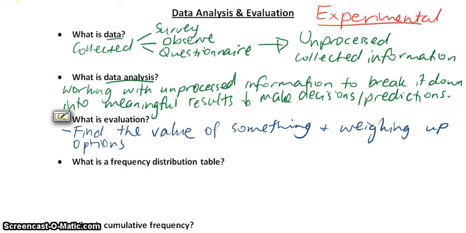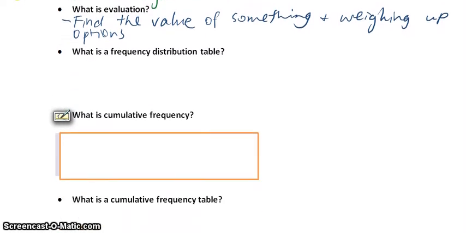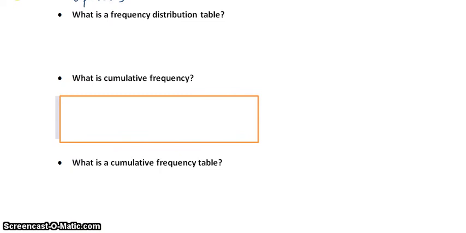This brings us to what we're learning about today, which is cumulative frequency tables. But before we do that, we need to go back to last year. Do you remember what a frequency distribution table is? A frequency distribution table is where we have a bunch of scores. Say I had these numbers: 1, 3, 8, 6, 4, 3, 3, 8, 6, 6, 4, 1, 1, 2, 4.